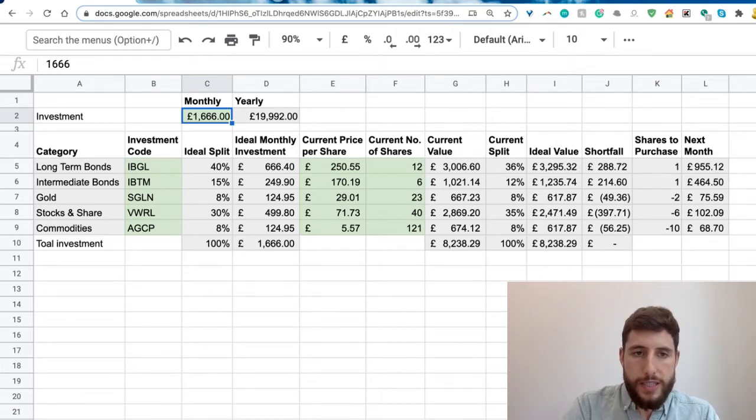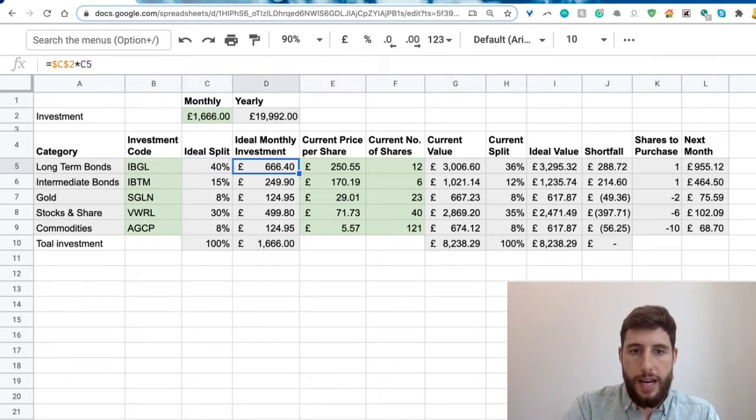And guys, figures in green are the ones that you can change. The ones that are grayed out, you want to be keeping these untouched. They're formulae, okay? Or they're numbers that shouldn't change, right? So the ideal split, for example, 40% on long-term bonds, that's fixed. It's always going to be long-term bonds, right? It's always going to be 40% in this particular approach.